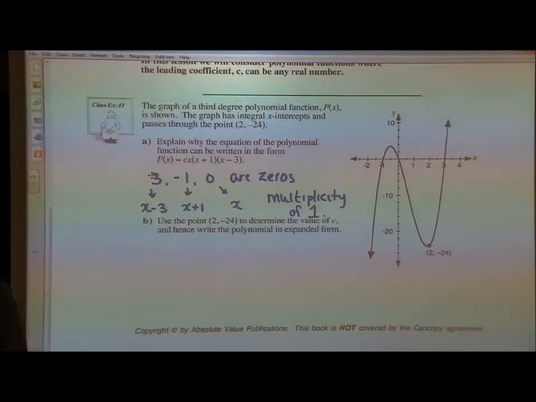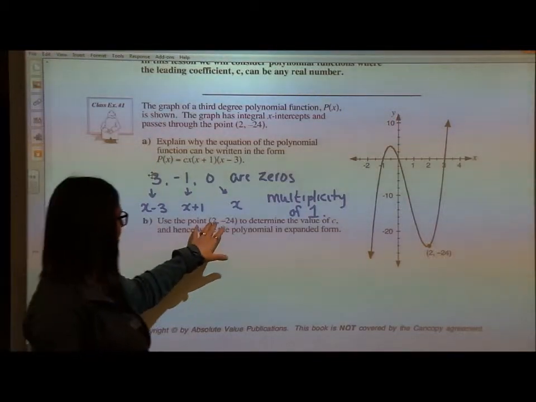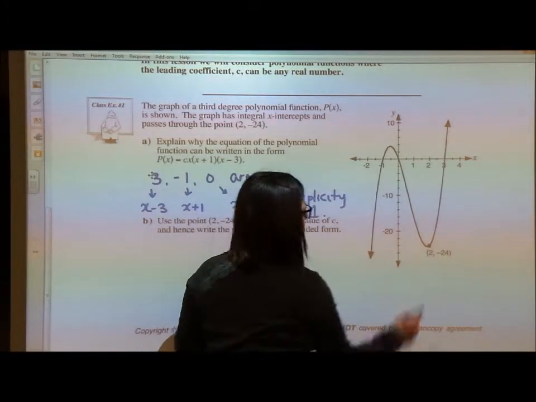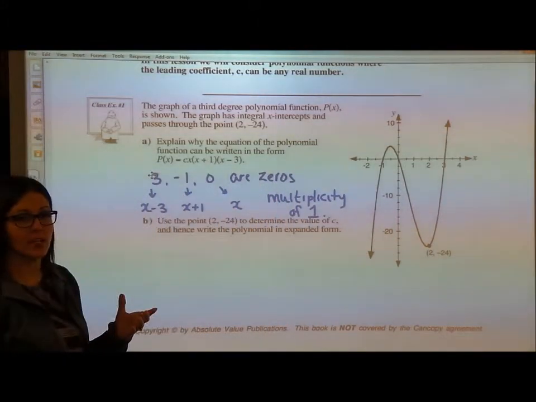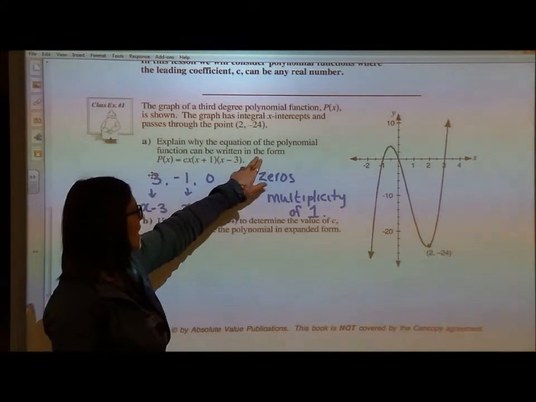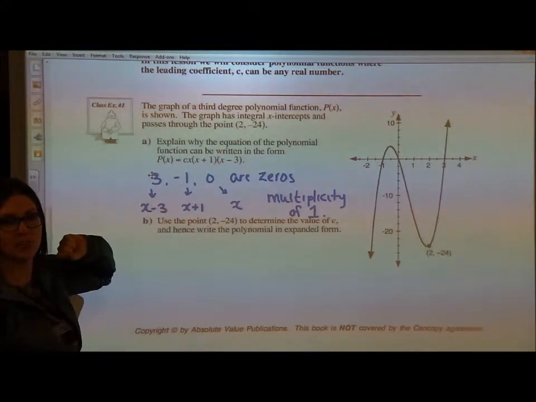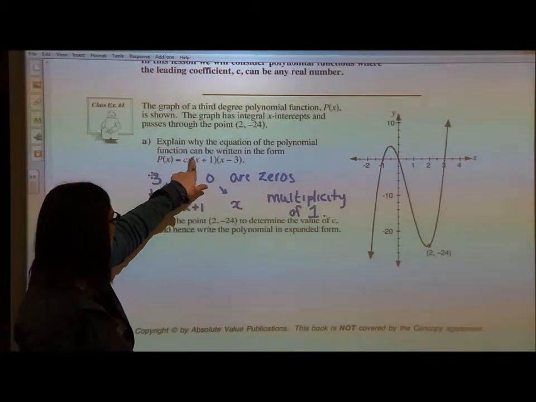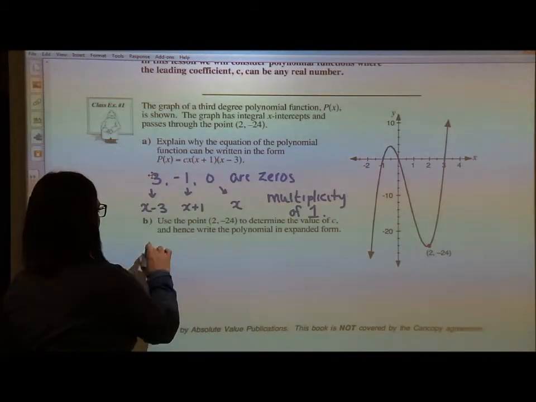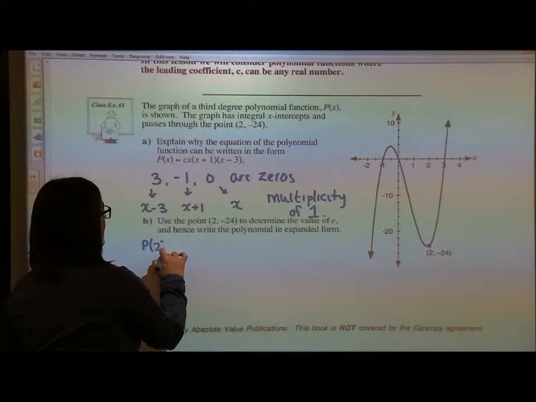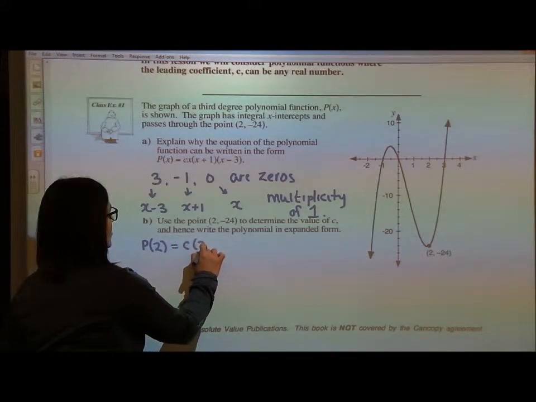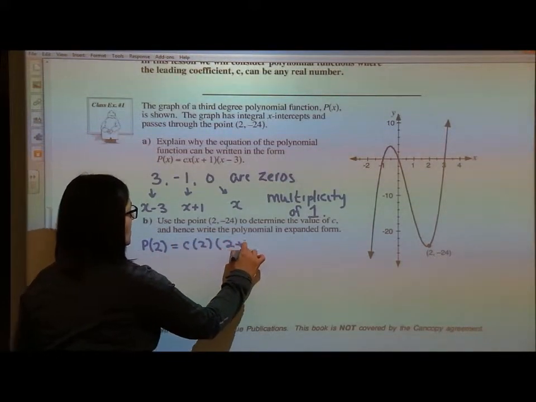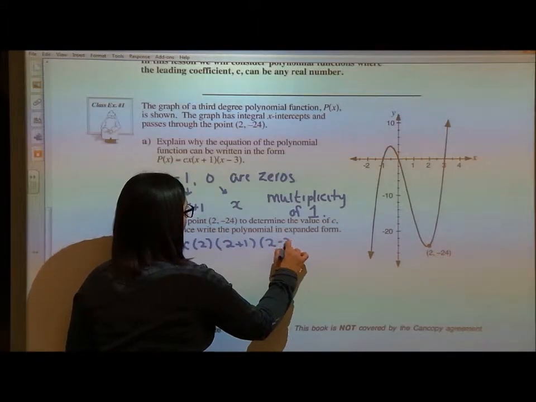So I can use this point that I was given, 2 and negative 24, to solve for c. Because if this point is on the graph of the equation, it has to satisfy the equation. It has to make the equation true. So wherever I see an x, I substitute in a 2. So I would have p of 2 equals c times 2 times 2 plus 1 times 2 minus 3.